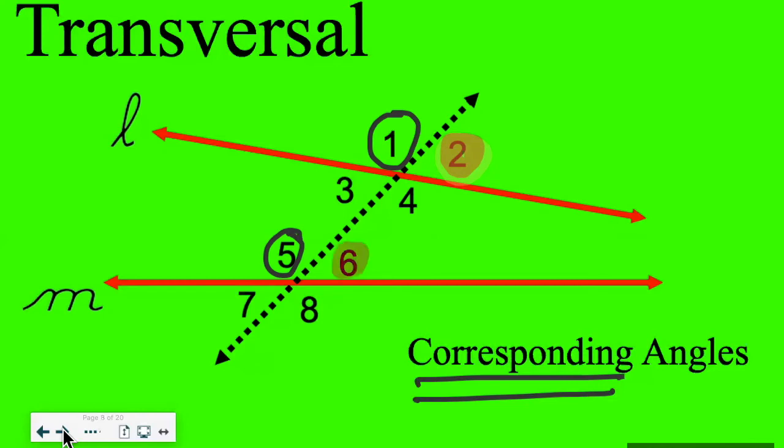They are called corresponding angles. What angle corresponds with angle 4? Well, angle 4 falls below line L to the right of the transversal. So does angle 8. It just falls below the other line. And then that means angle 3 corresponds with angle 7.